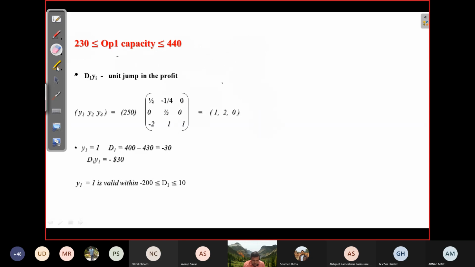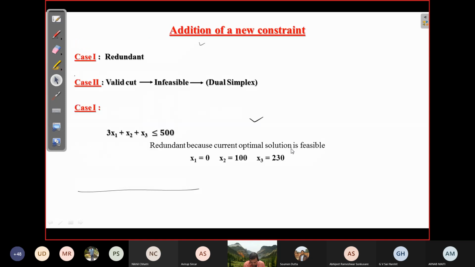So this is what is discussed in this slide. So how to get those dual values 1 to 0? So which means this Y1 is 1 is valid within this range. So tomorrow we'll discuss the addition of a new constraint and then the range of optimality.